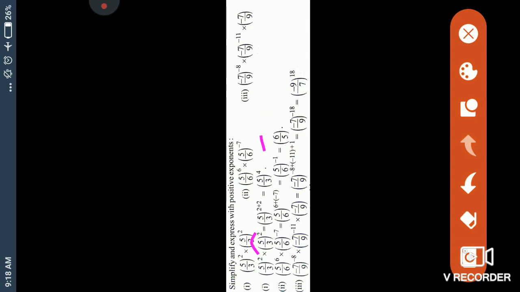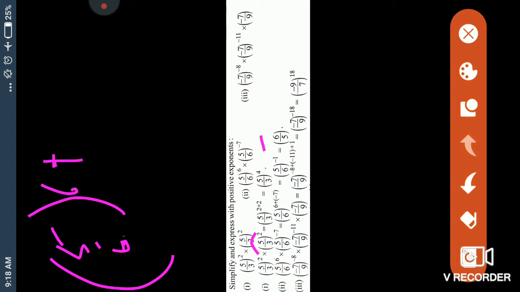Here, (5/6) to the power 6 multiplied by (5/6) to the power minus 7. As you know, the powers will be added. So (5/6) to the power 6 plus minus 7. Understand? So what will happen?